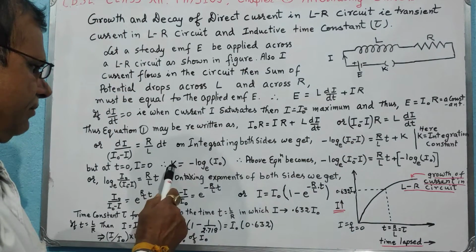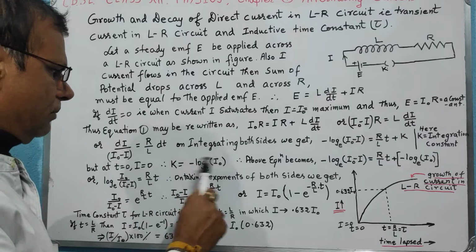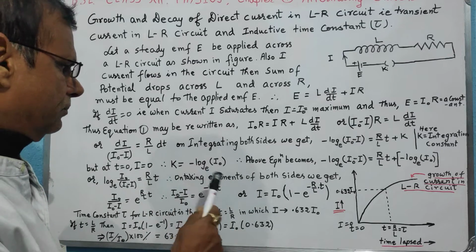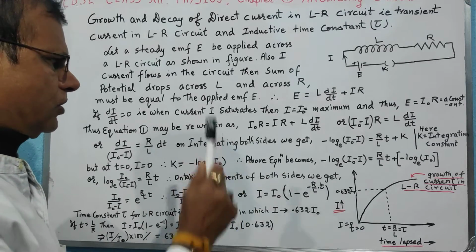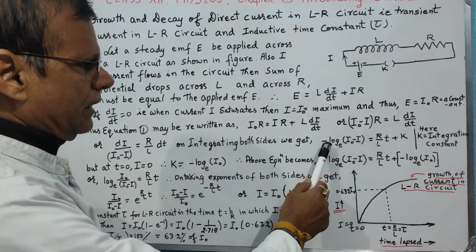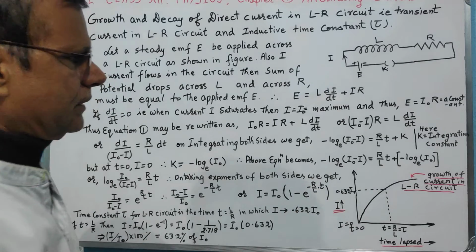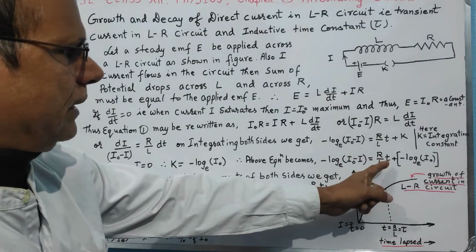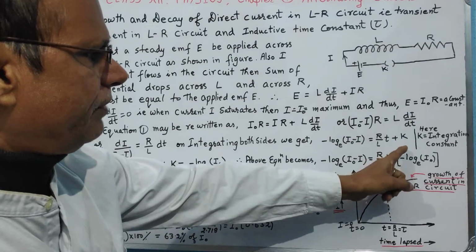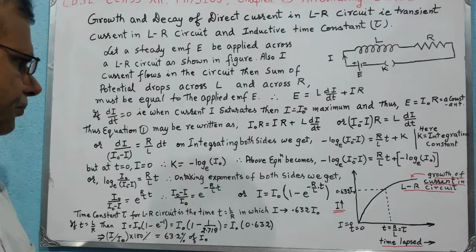Since K is a constant, we can substitute its value here and write the equation as minus log to the base e of (I0 minus I) equal to R by L into t plus minus log to the base e of I0.